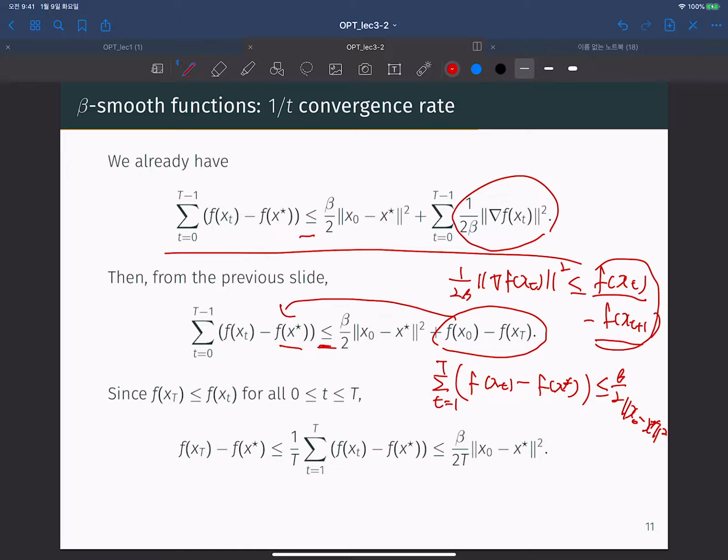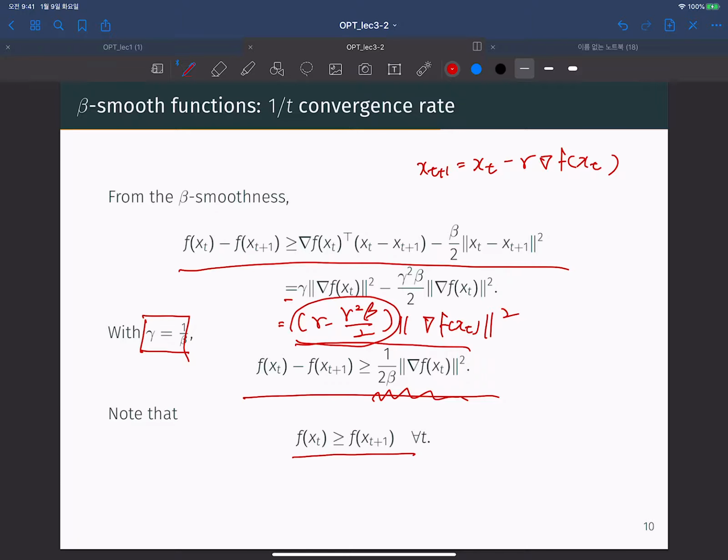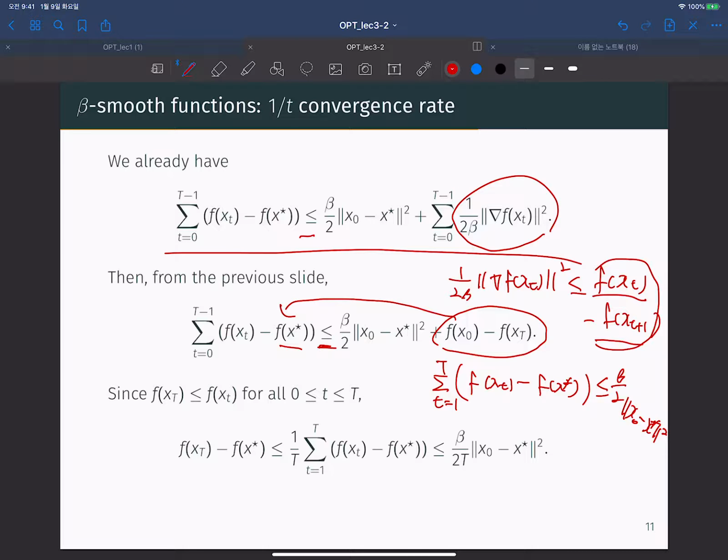We always decrease the objective function with step size 1/beta, which was shown in the previous slide. So we can basically lower bound every single term using f(x_T) minus f(x star). In the end we have f(x_T) minus f(x star) less than or equal to beta over 2T times x_0 minus x star normed square.